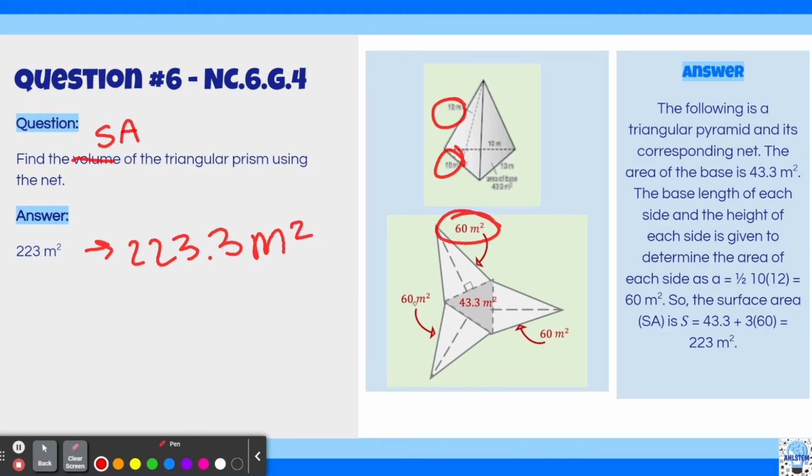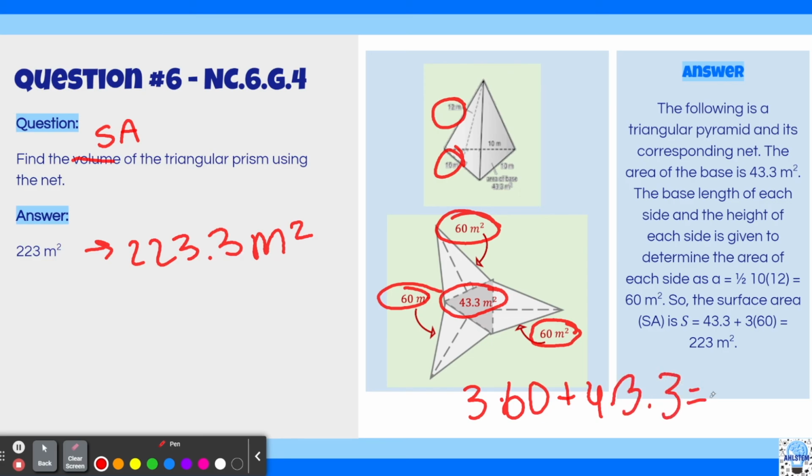Okay? And now all we have to do simply is just add up our values that are given to us, and we'll get our answer. So 3 times 60 plus 43 equals 223.3. Wow, decimal there. And that is how we get our answer.